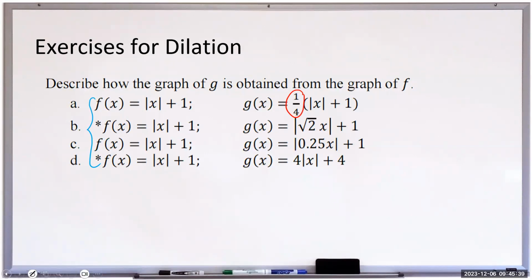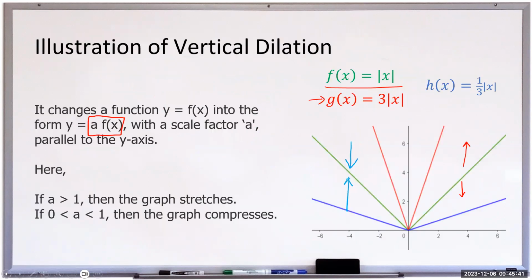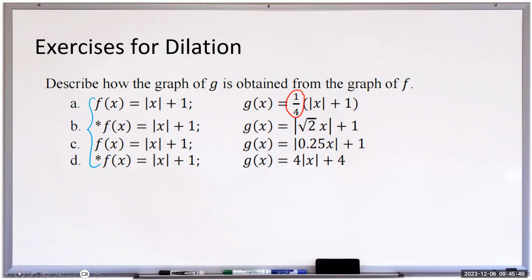Again, if we go back to this slide, this is of this form, a times f of x, wherein your a is 1/4. Okay? a is equal to 1/4. 1/4 is less than 1. Therefore, this is vertical compression.